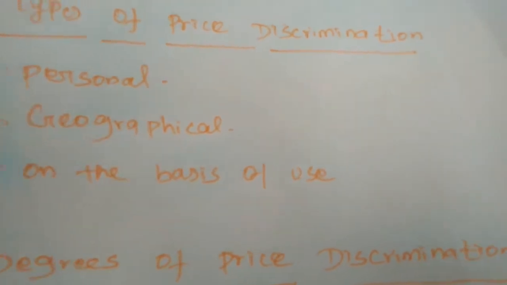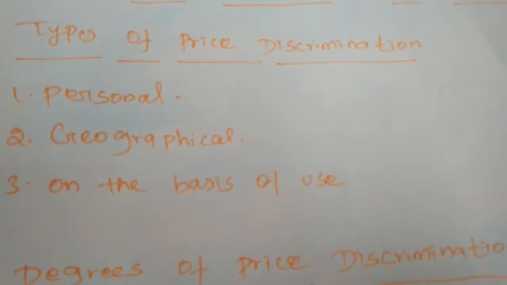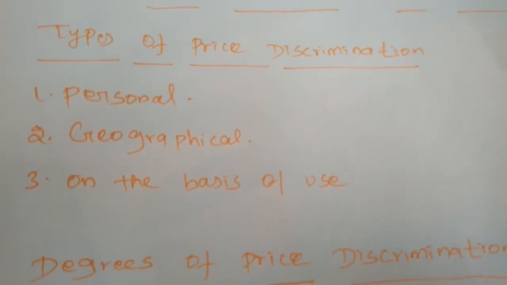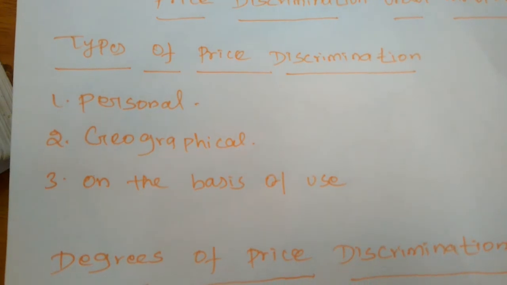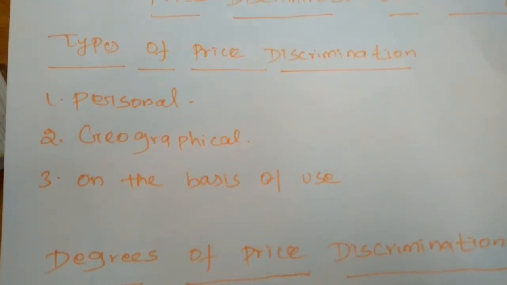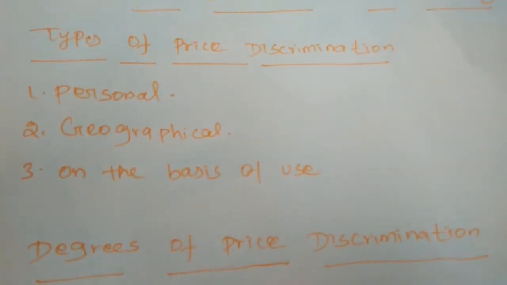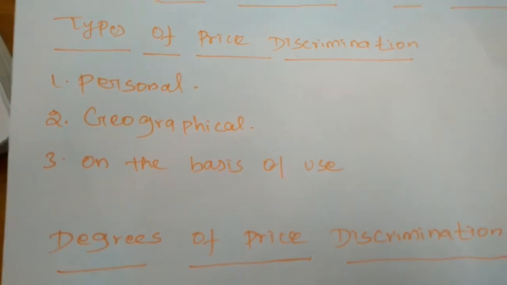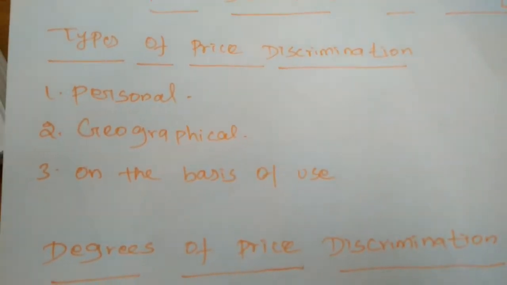Next is geographical. On the basis of geography, the price will be different. Different prices are charged at different places for the same product. For example, a book sold within India at one price is sold in a foreign country at a lower price. On the basis of demand also the price may differ.